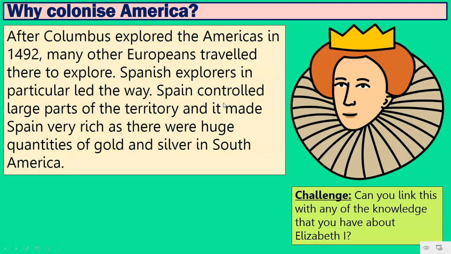So what Elizabeth does is she sends off explorers, people like Francis Drake, who we've come across before, and Walter Raleigh. Both claimed territory for England on the Pacific coast of America.